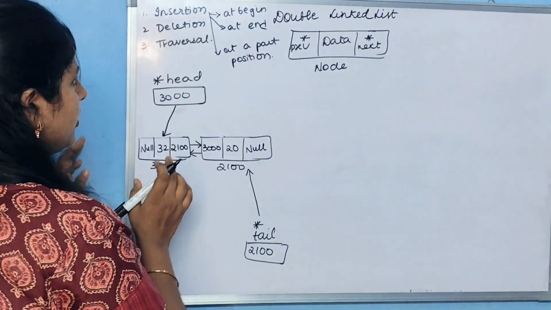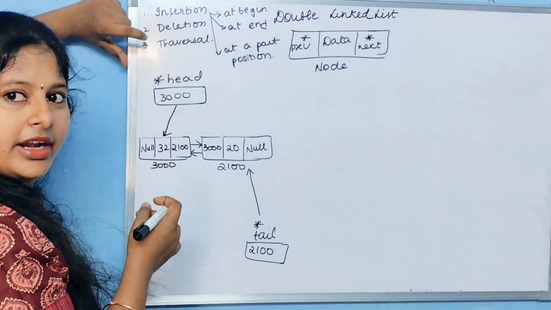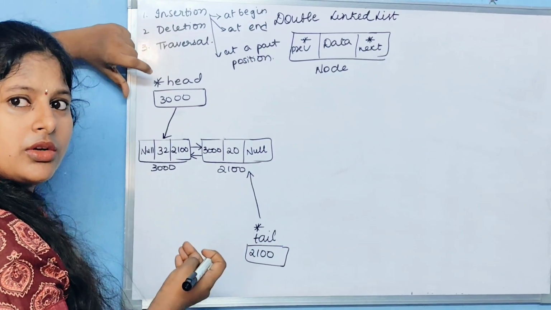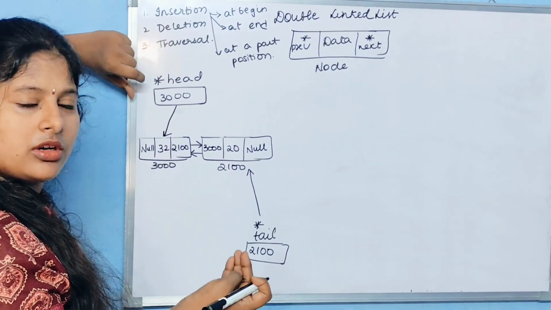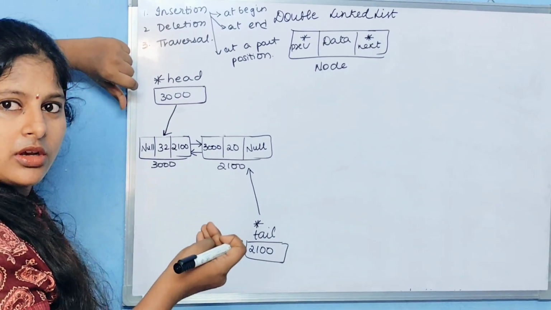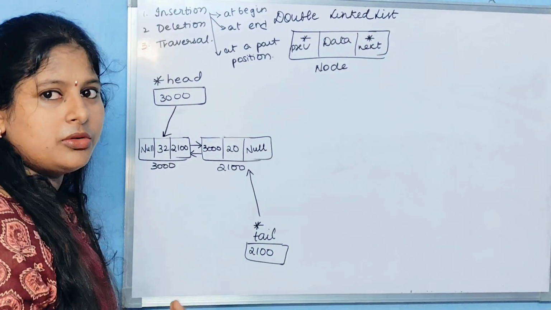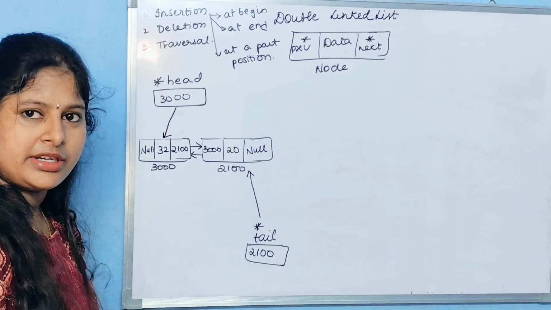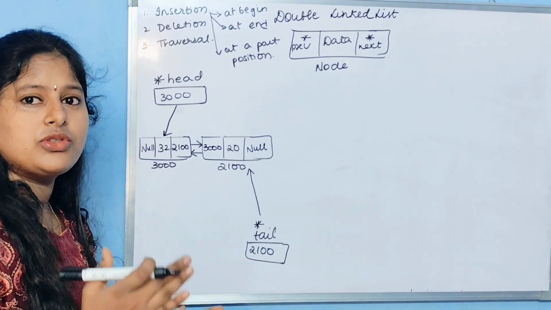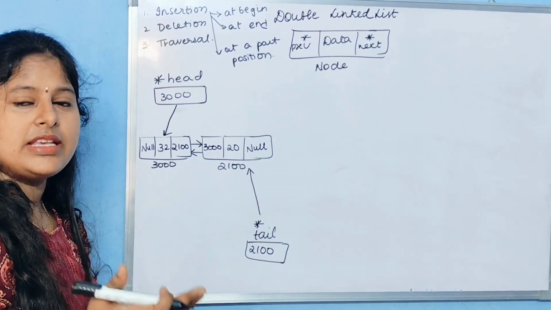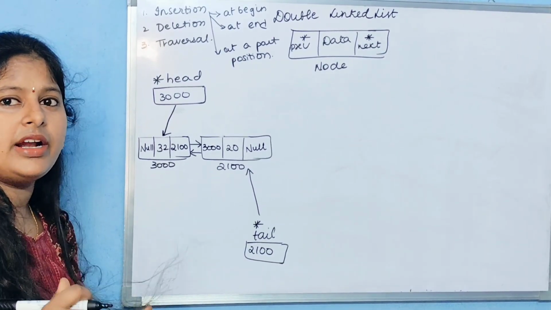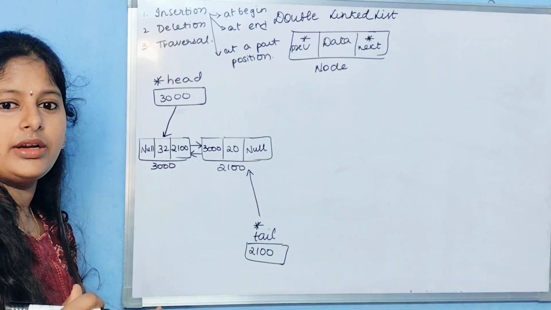Okay? So to insert a 10, first what should I do? I have to see which is the last node. How do I know which is the last node? Right? In the single linked list, how do you know that a particular node is the last node? You have to see if the data's next part is equal to null, then that is my last node, right?